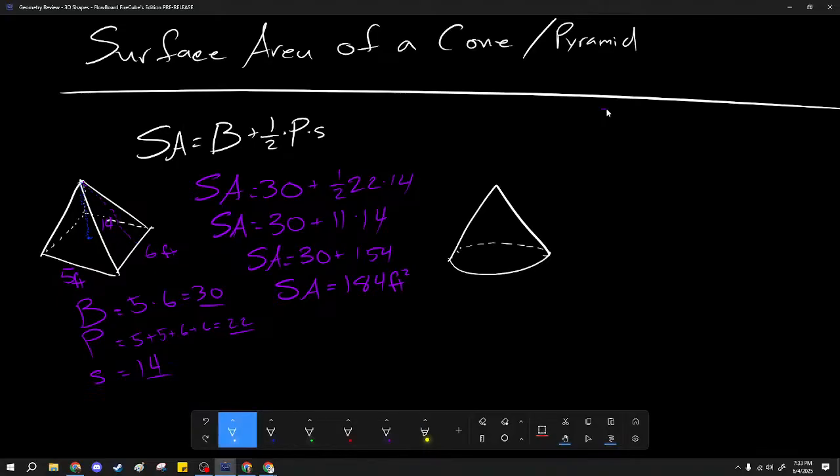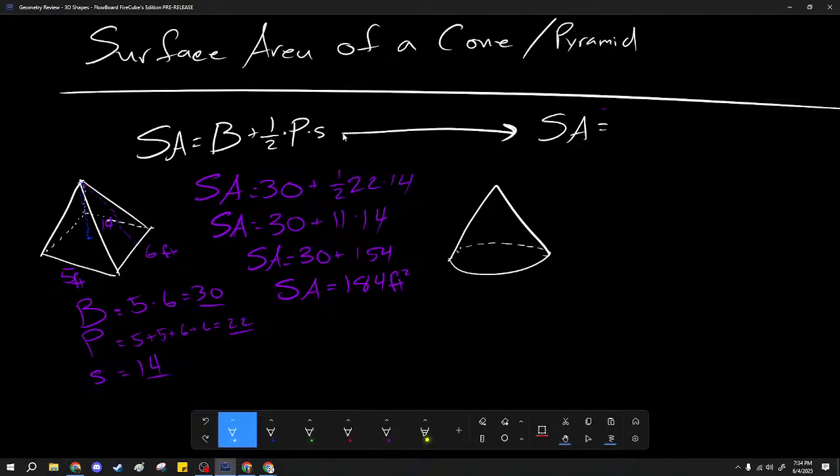Now, the surface area of a cone follows the same basic rules, but since it has a circular base, it has some fancy things to it. So I'll write it in the pi form.